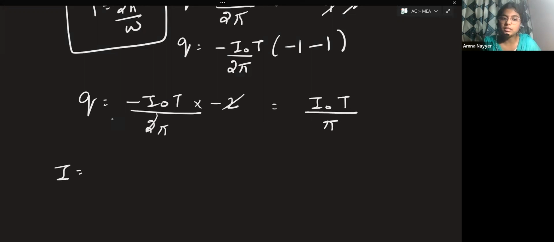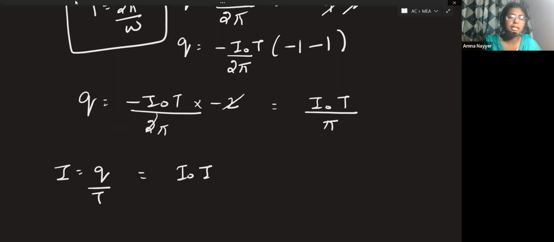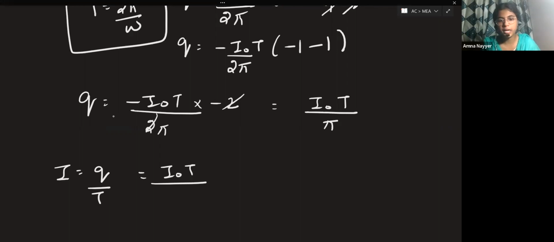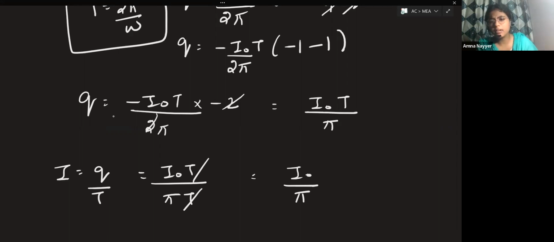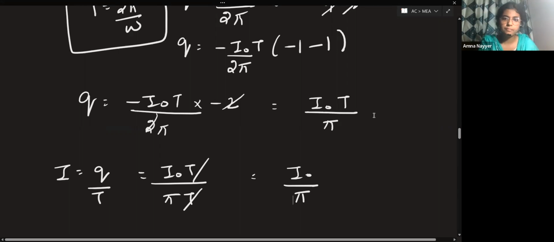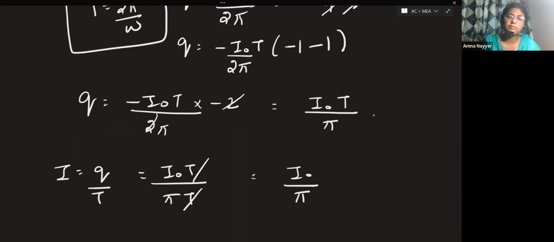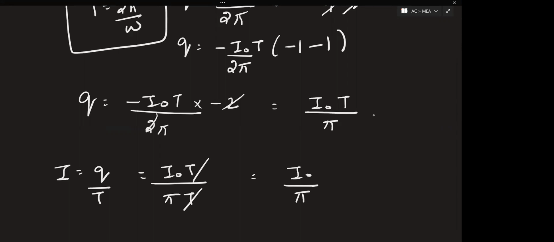Current here will be charge divided by time. That becomes I naught T by pi into T, and T gets cancelled. This is the value that you're getting: I naught divided by pi. So anyone remembers the value of 1 by pi?